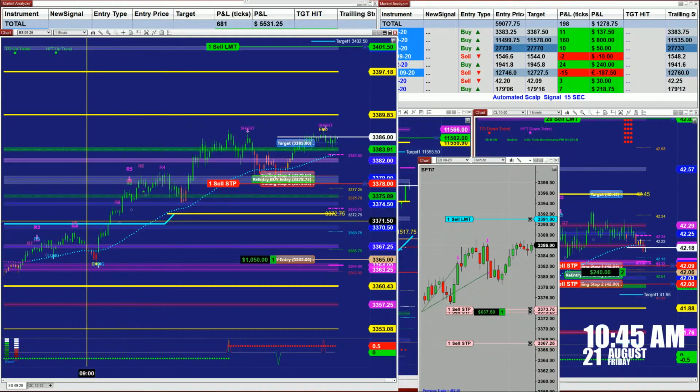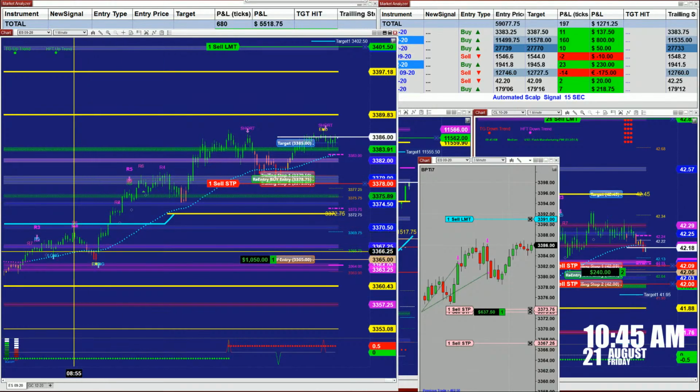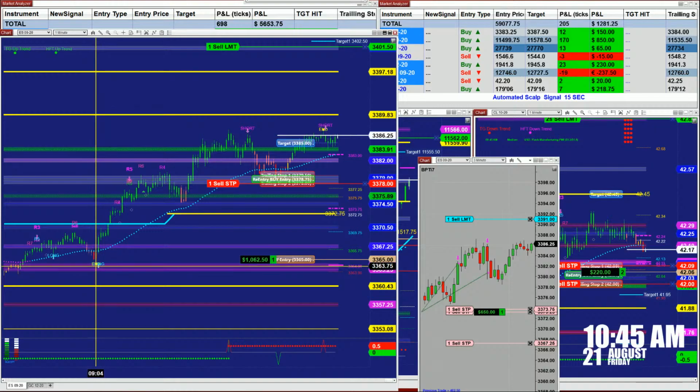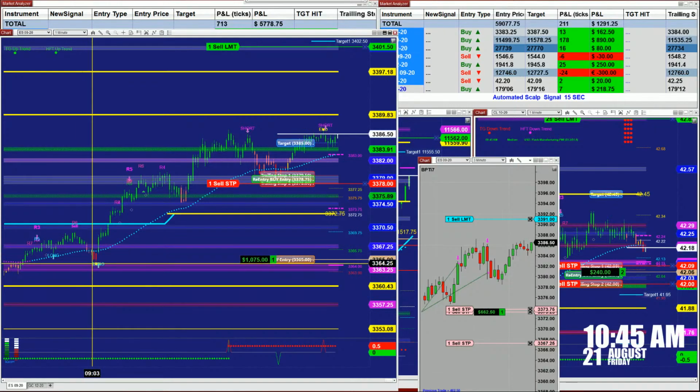Here we had a long signal, okay? Right at the fib line when the market came into the double support area at 33.64.